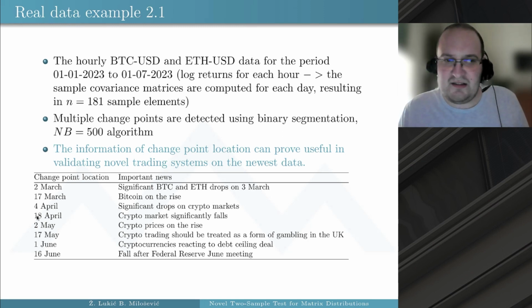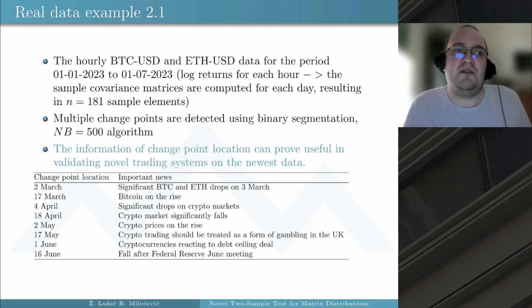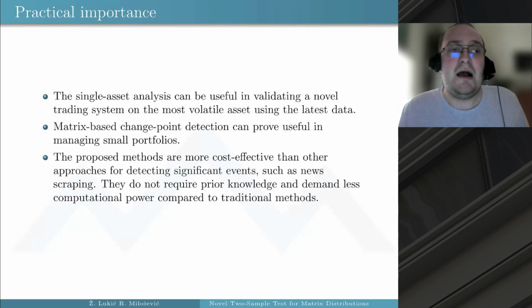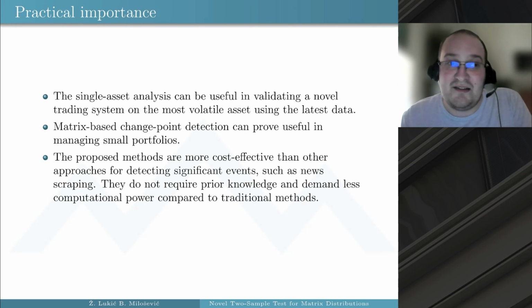Also, we have connected it with the prominent news, which are connected to either Bitcoin or Ethereum. We note that there are many news sources for Bitcoin, while Ethereum isn't that prominent, which is kind of expected. Also, there's the question, what are we going to do with all of those change points in practice?